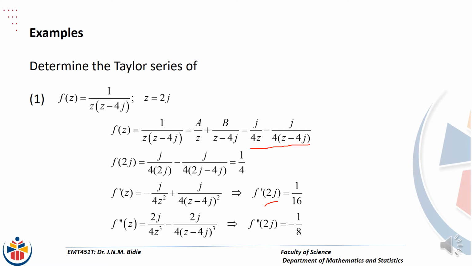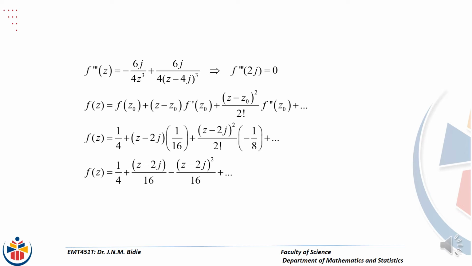Please check all these answers to see whether you're getting the same. And then for the second derivative of f, all you need to do is differentiate f prime to get the second derivative. And then into it you substitute 2j. That gives us the third term. And then we continue doing so.